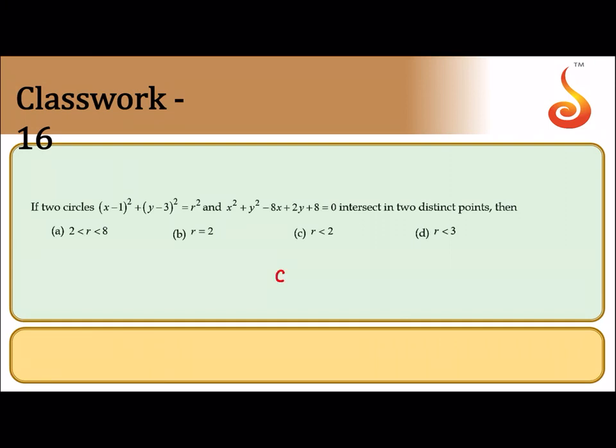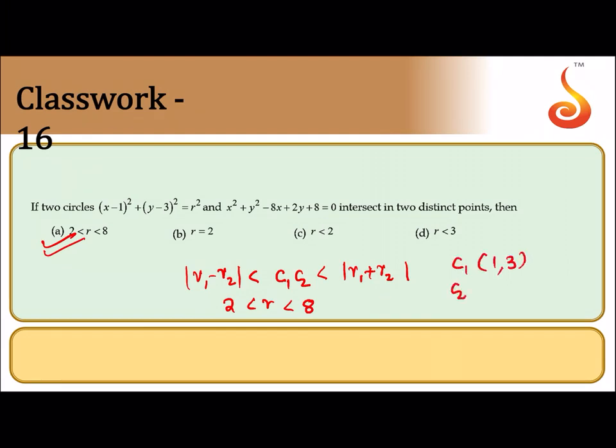Example 17. These two circles intersect at two distinct points. Whenever they intersect at distinct points, as already discussed, C1C2 lies between R1 minus R2 and R1 plus R2. So if we calculate, we get the inequality 2 is less than R is less than 8. Option A is correct. So you have to calculate C1.